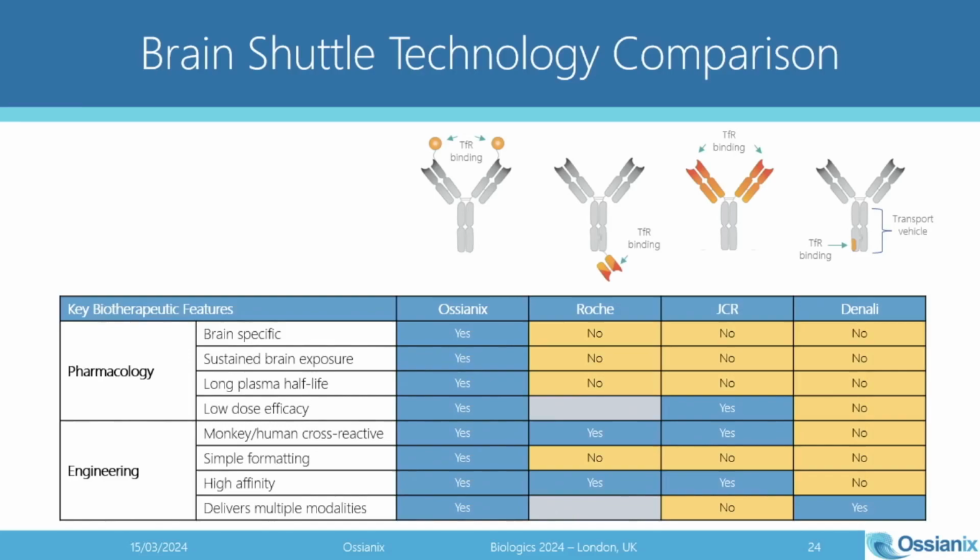Therefore, what comes next is sustained brain exposure that we can extend for a number of days. We have long plasma half-life. The molecule, again, is cross-reactive. The formatting of VNRs, putting them in different formats and using them for delivery of different modalities, is relatively simple.